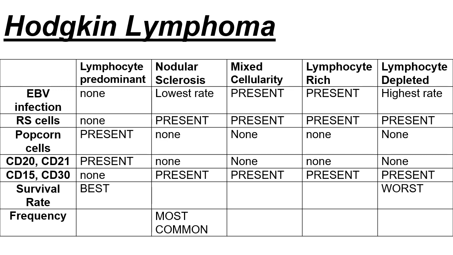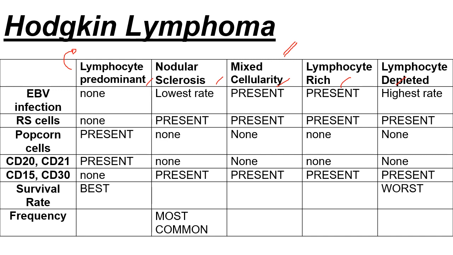Okay, balik tayo dito. Kung isa to sa mga gagawan nyo ng Manila paper, pagdating sa board exam, yung table na to. What are the differences between the types of Hodgkin's lymphoma? Again, the lymphocyte predominant is also known as your nodular Hodgkin's lymphoma. So, iba yan sa nodular sclerosis.